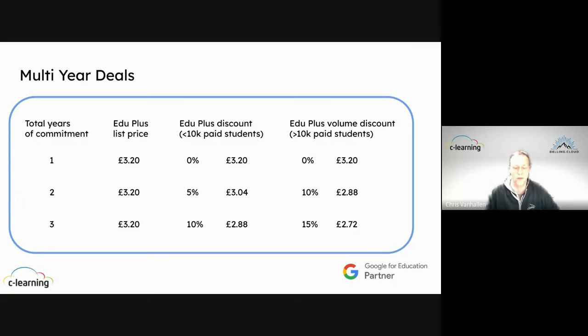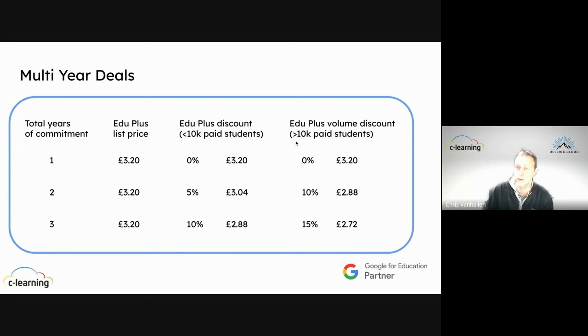Now, just to give you some context on that, if you've got 2,000 students within your school or college, then you'd be saving close to £1,000, £960 over that 3-year term. So it's certainly worth something to look into.